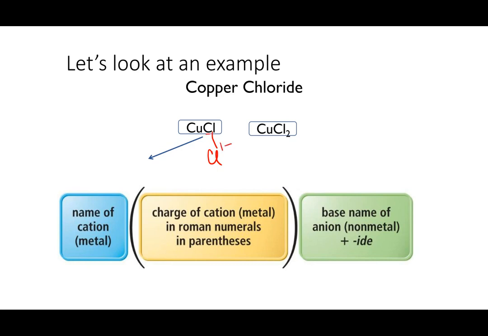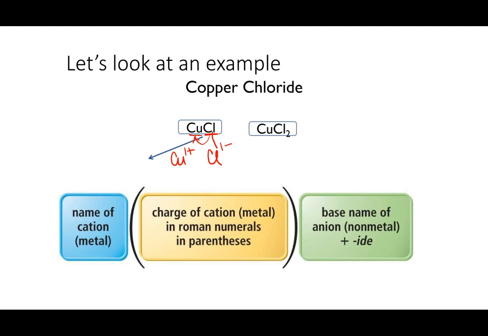So I've got one chlorine and it's attached to one copper. What must the charge on that atom of copper be if this is electrically neutral? It's going to be a +1. Okay. So one copper has a +1 charge.